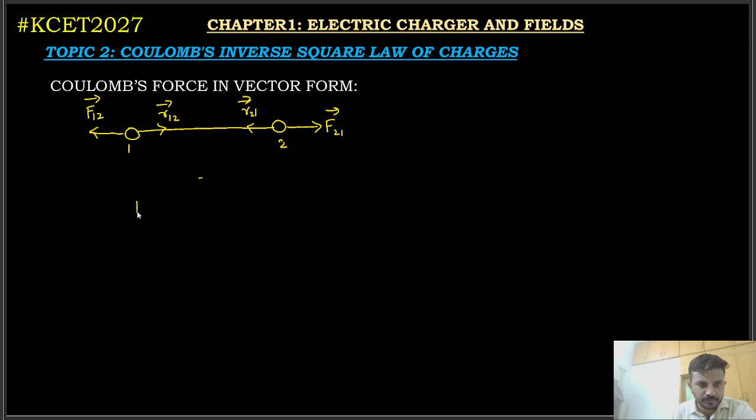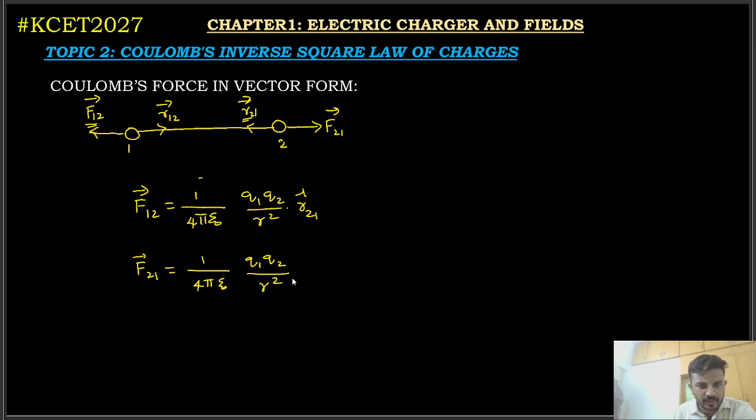Okay, now F12 is given by 1 over 4 pi epsilon naught q1 q2 by r square into r cap. In which direction? See, F12 is in the direction of r21. Clear? Next, F21 we can take, that is 1 divided by 4 pi epsilon naught q1 q2 divided by r square.